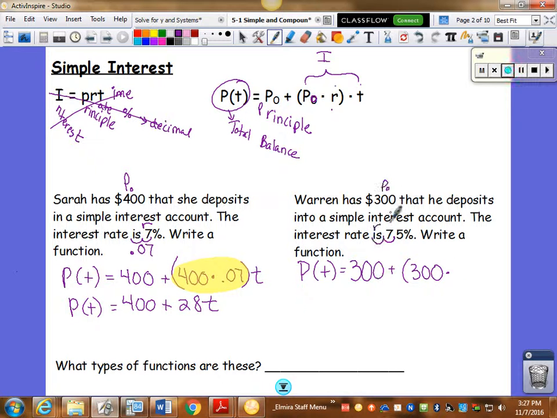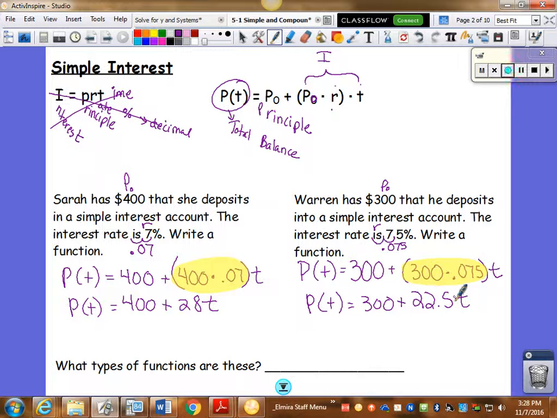This is our P initial, this is our R. Move it over 2 times, 0.075, times t. If I multiply these together, I get 22.5t.